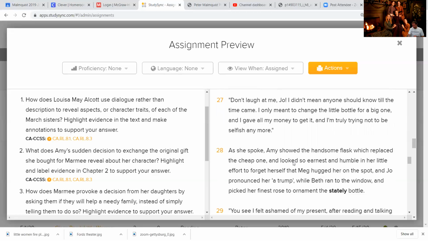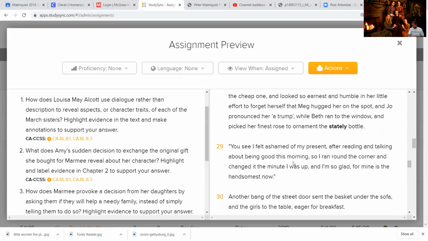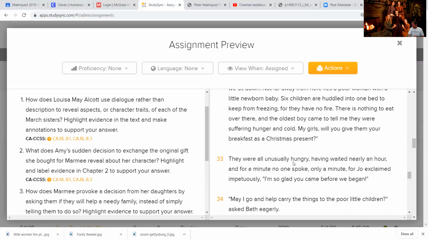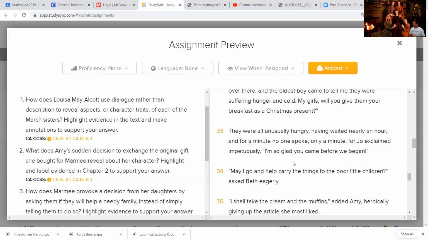Okay, and then what are we looking at for Marmee? Paragraph 33 down here. They were all unusually hungry, having waited nearly an hour, and for a minute no one spoke. Only a minute, for Jo exclaimed impetuously, "I'm so glad you came before we began!"